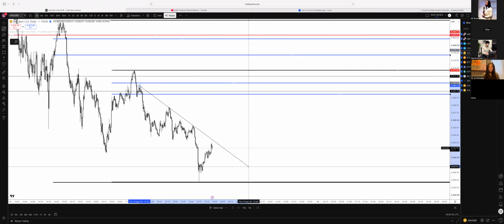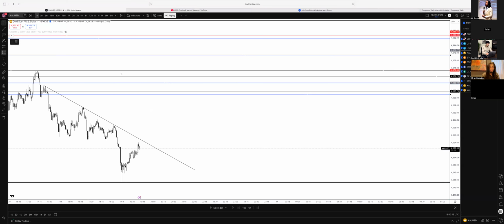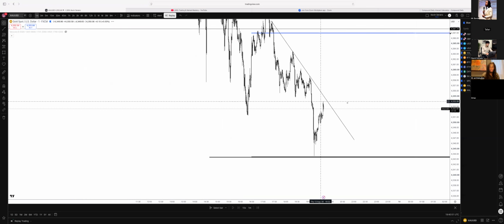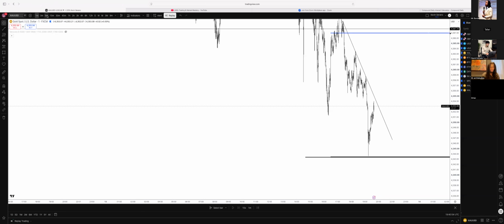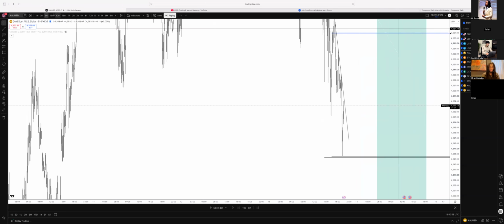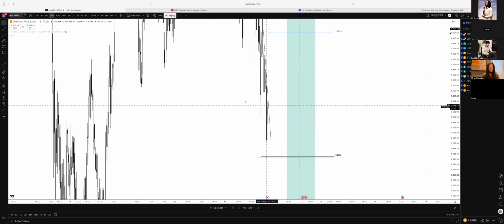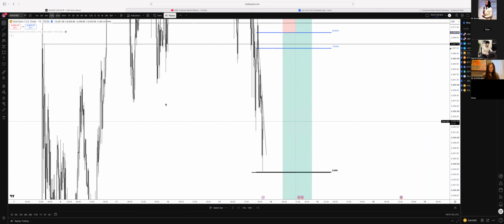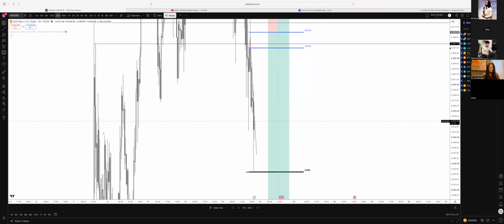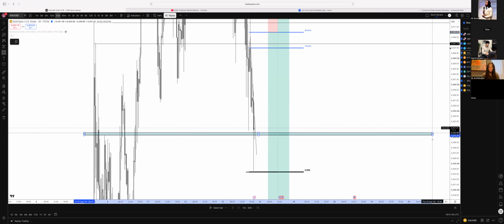If we can sweep this liquidity, if we can find an area of respect, that's a respectful area.